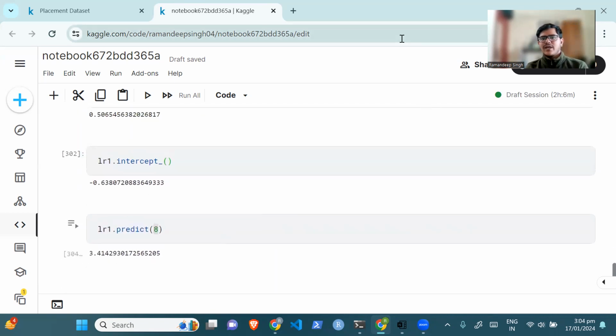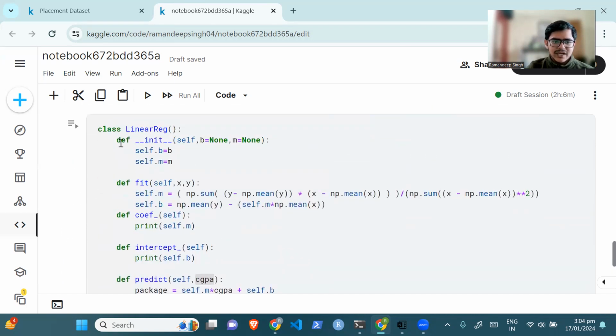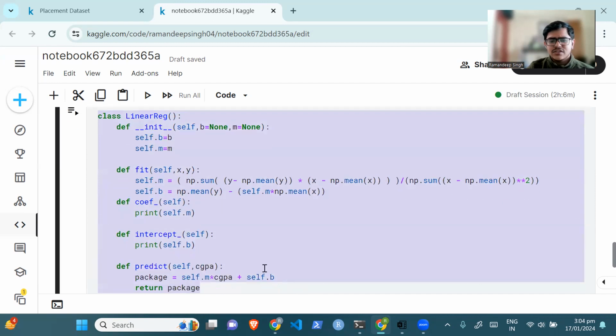So we have completed this part and we have created our own library from scratch to predict the package based on the CGPA of a person, and it exactly matches scikit-learn's internal working.